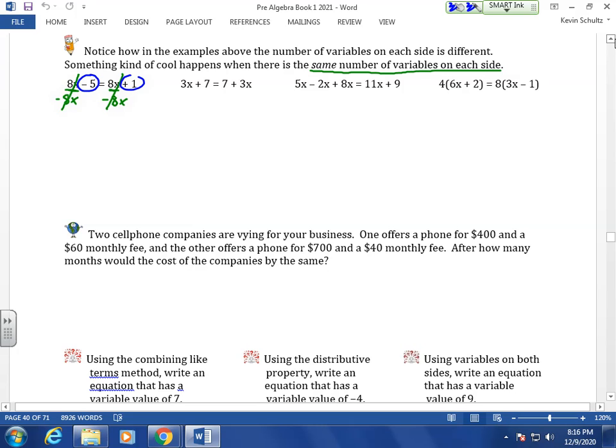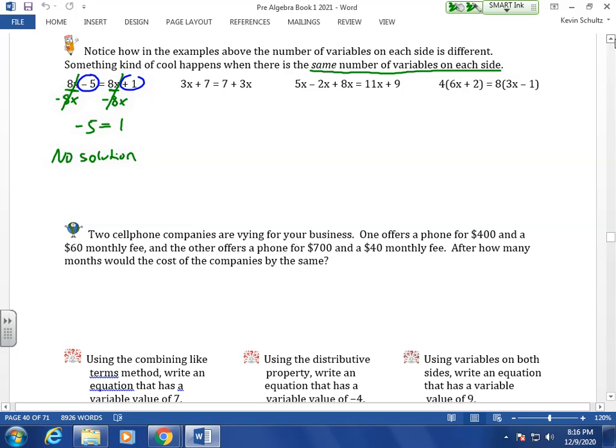In this case, -5 and +1. And so the equation we have, -5 equals 1? I don't think so. -5 does not equal 1. Therefore, there is no solution for x in this equation. There's no number that's going to make the equation true.